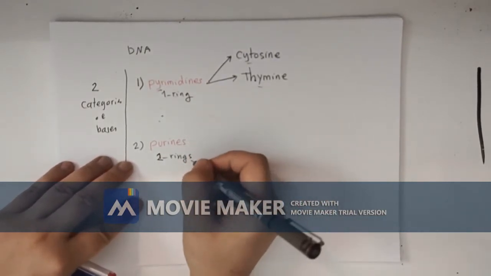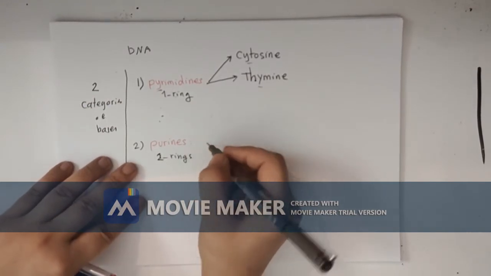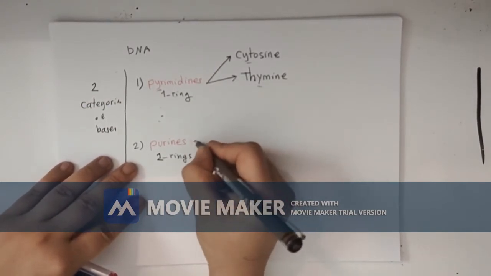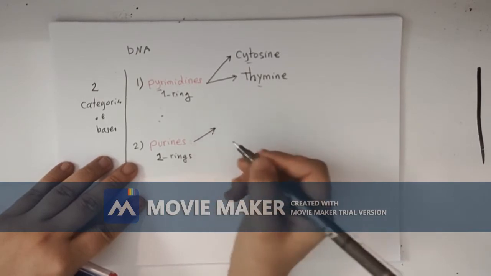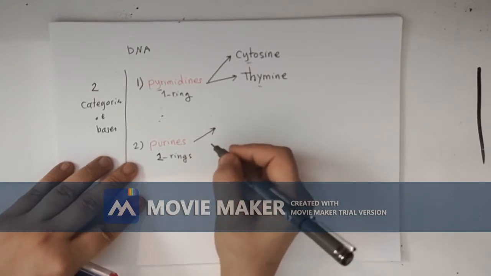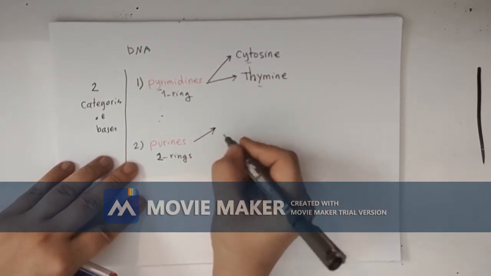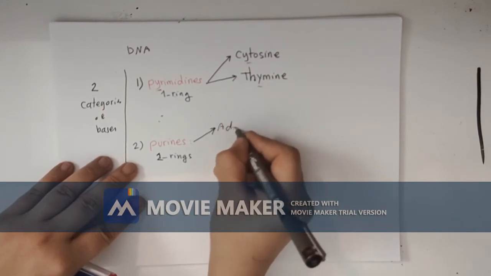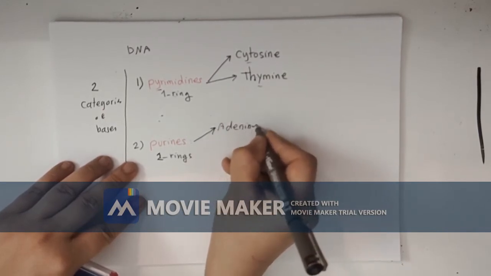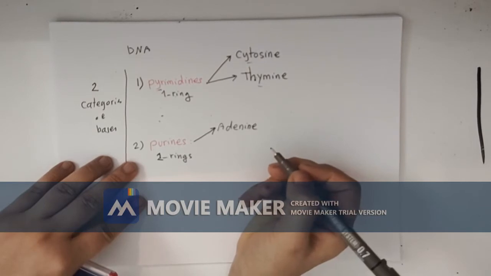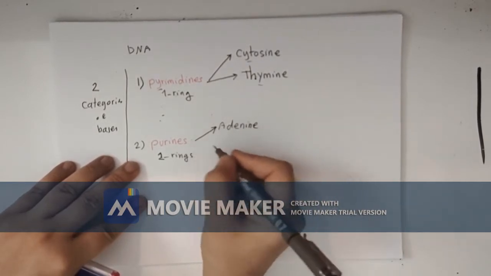Now we go to the purines. Purines have 2 rings. Let's show which bases go under this category. The first one is adenine. You can show these later by a symbol.